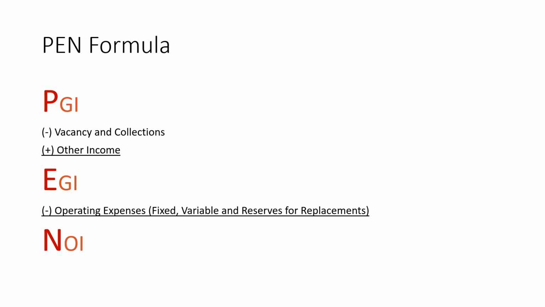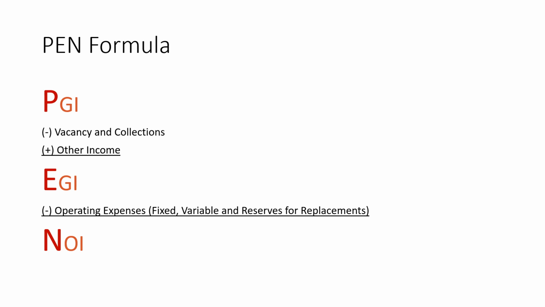The other income for the apartment complex would be maybe soda machines, laundry machines, maybe they have a rec center that they rent out for parties. Any money that that complex makes that's not considered rent is considered other income. So you have to add that back to get your EGI.